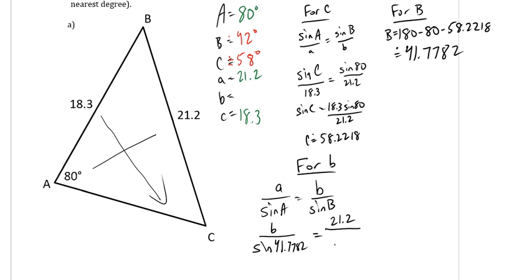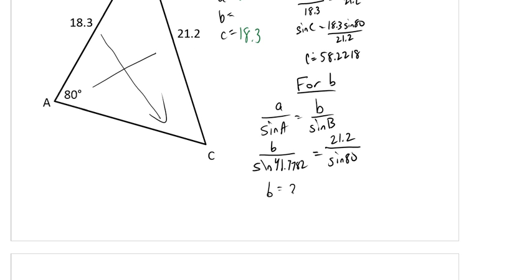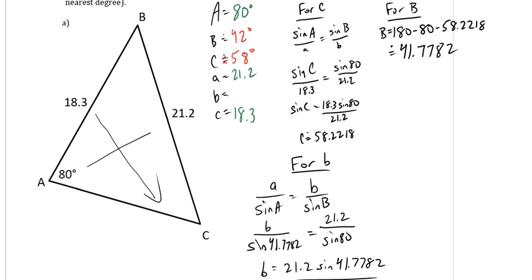So I'm going to use 21.2 over sine of 80. And in this case, no shift. It's just direct sine: 21.2 times sine of, I still have that answer on my calculator, so I'm just going to use that, divided by sine of 80. 14.3. This is my last answer, so I don't need to keep extra decimals. 14.3 exactly.